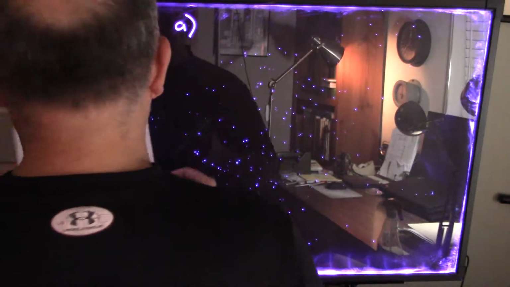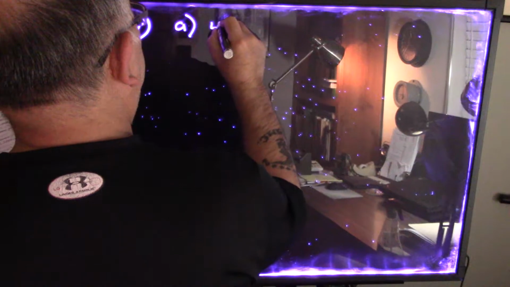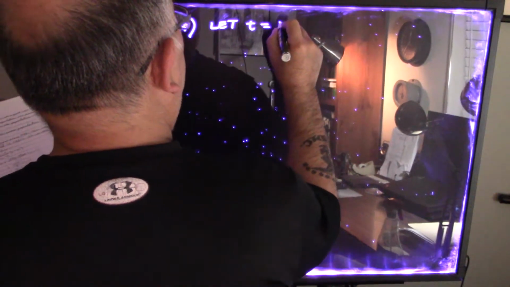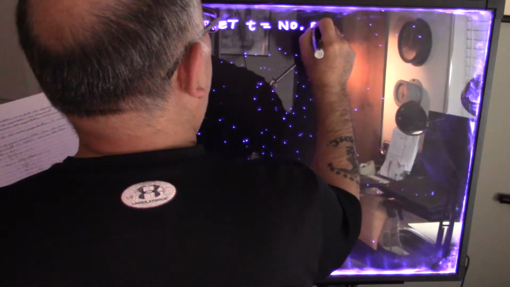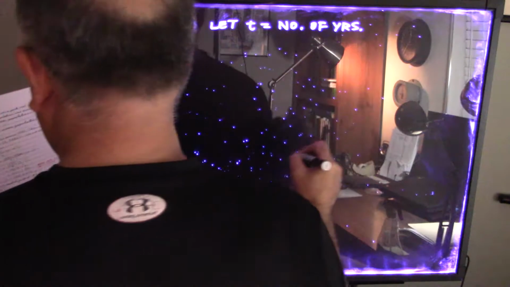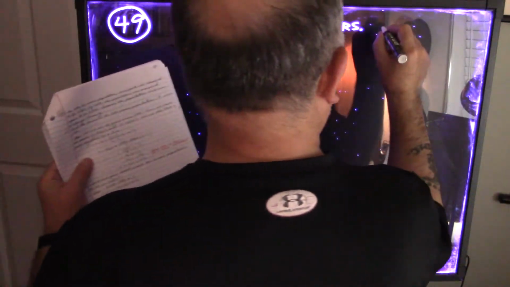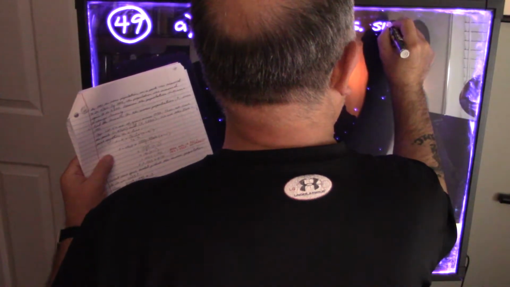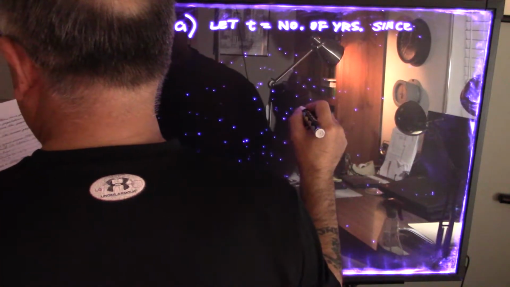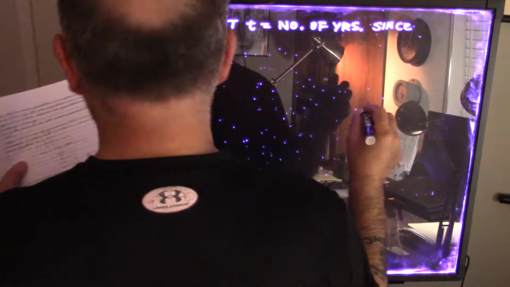So we're going to let T equal the number of years since 1990. That'll make our function a little bit easier to handle.